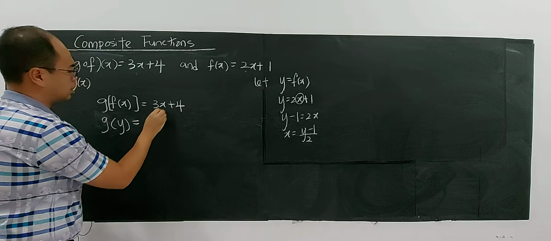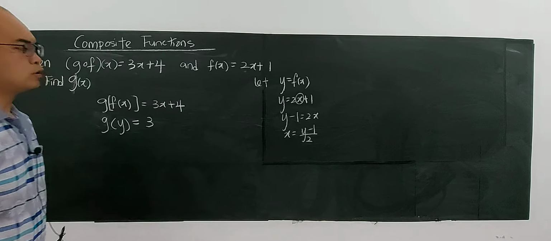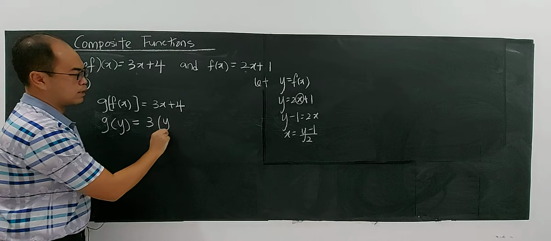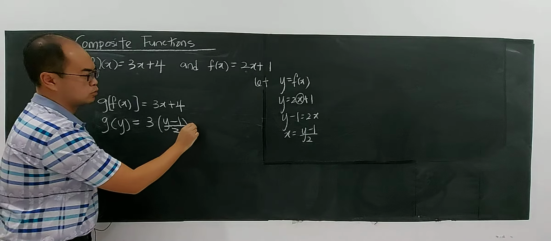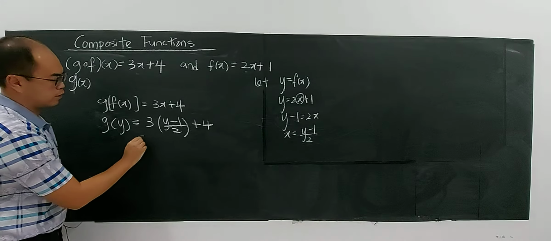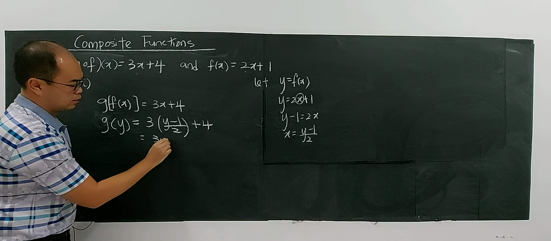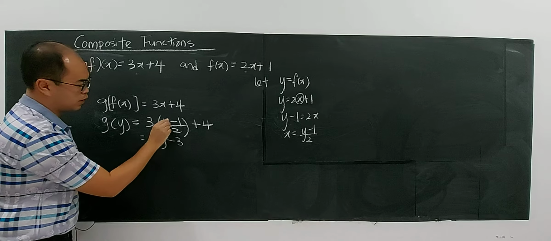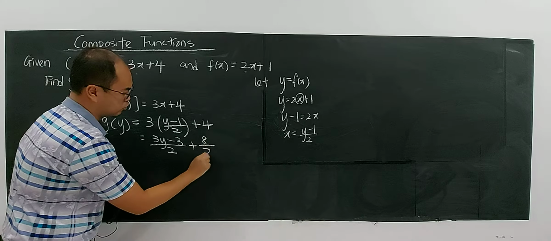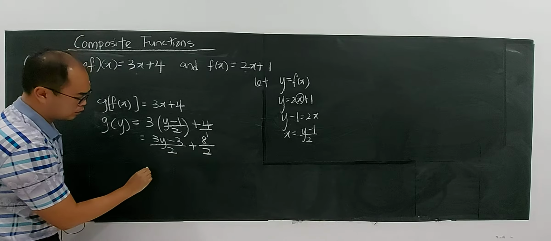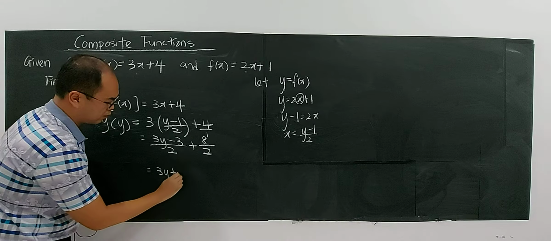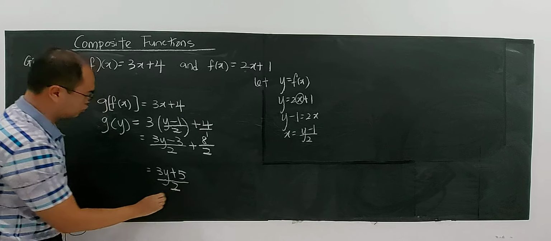Of course, the x has to be in terms of y. So x equals (y minus 1) over 2, plus 4, so you have 3y minus 3 divided by 2 plus 8 divided by 2. You equalize the denominator, so finally you have 3y, negative 3 plus 8, which is plus 5, divided by 2.